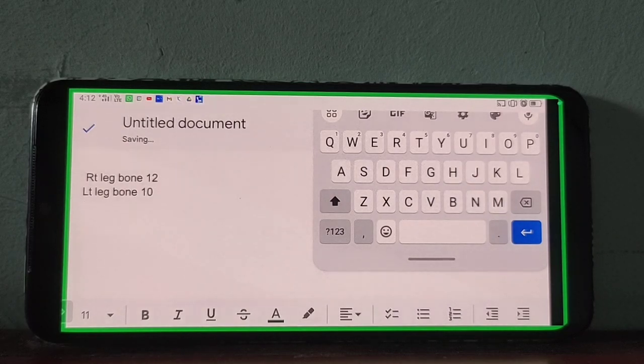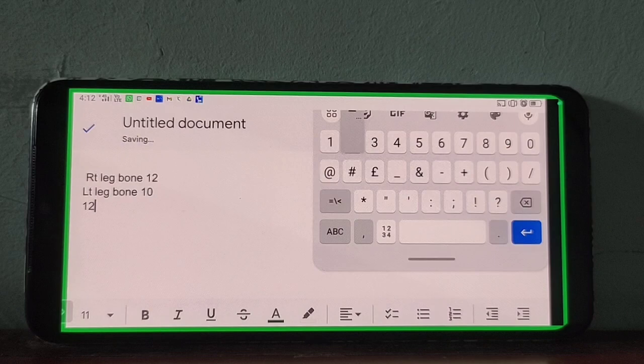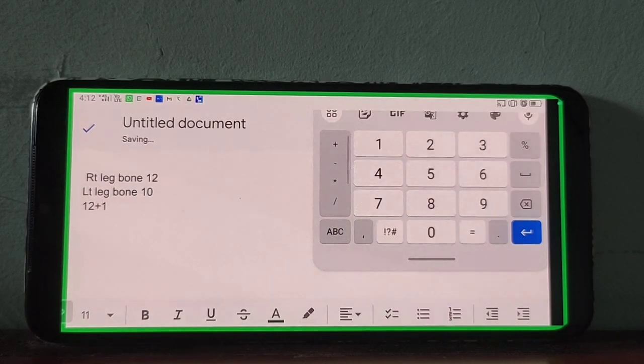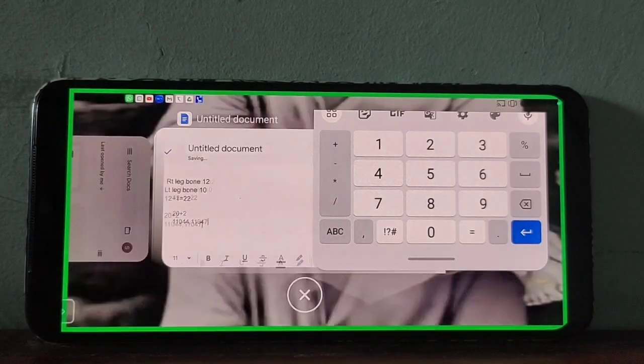So you must add the values. 12 plus 10, how much? 22. Now we have to split the code as 20 plus 2. For the first 20, 11044. Then the remaining 2 square centimeter, 11047.